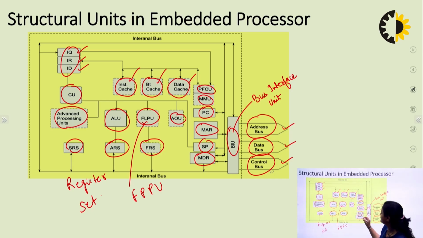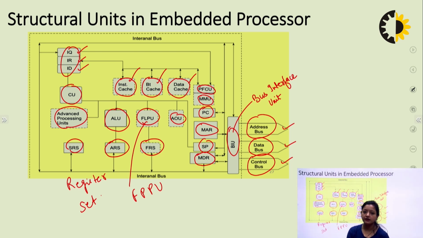Then we move to two important registers associated with BIU, that is MAR and MDR, memory address register and memory data register. Then we have three different instruction registers, including instruction queue, which is used to hold the instructions in a queue, instruction register, which is sequentially passing the instructions, and instruction decoder register, which is decoding the instruction before it is passed to the control unit CU.